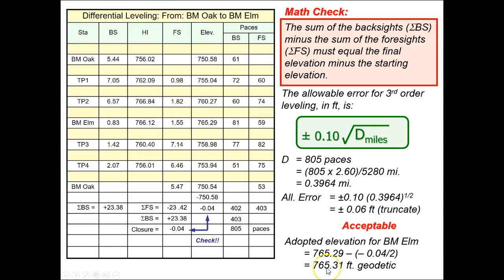So our accepted or adopted elevation then for the benchmark at Elm is 765.31. Okay? So you didn't have to distribute any of that error because we were within acceptable ranges. We didn't have to go back and adjust any numbers other than our final benchmark because it was acceptable. We were within the error limits of a third order survey.